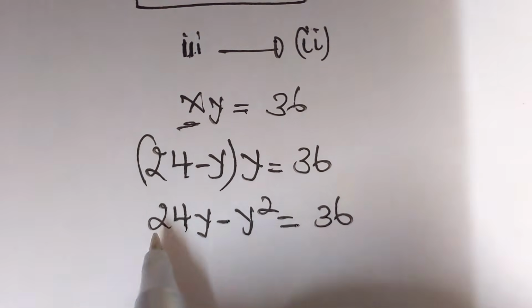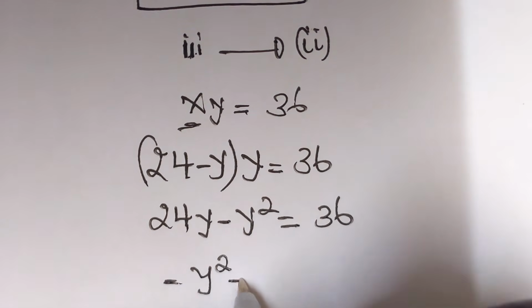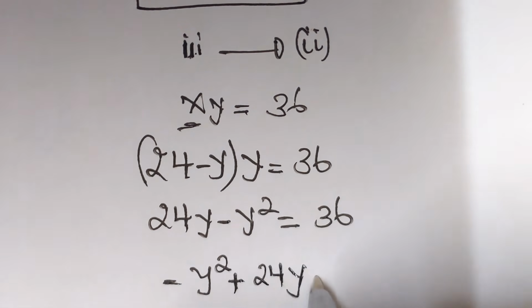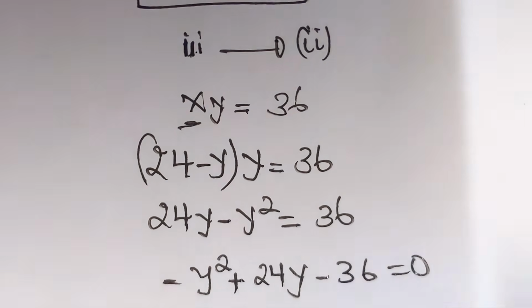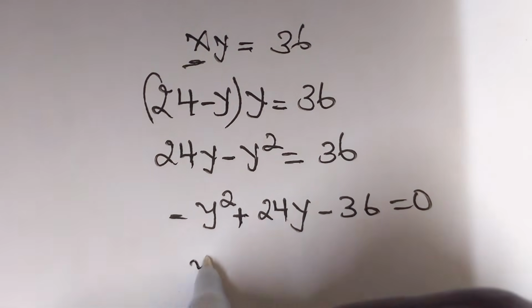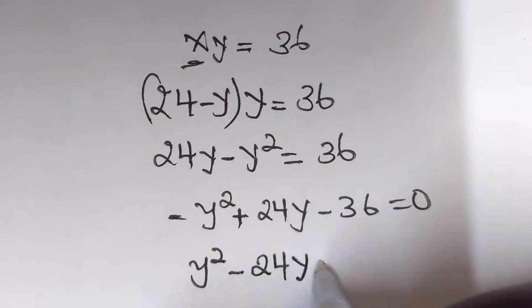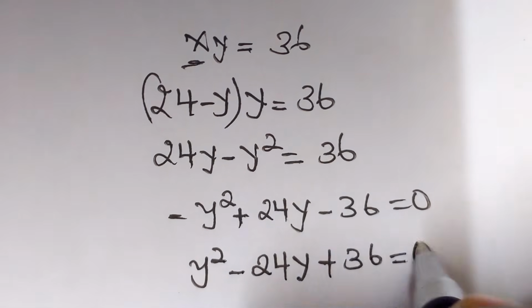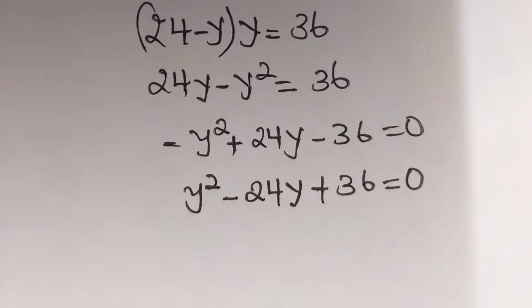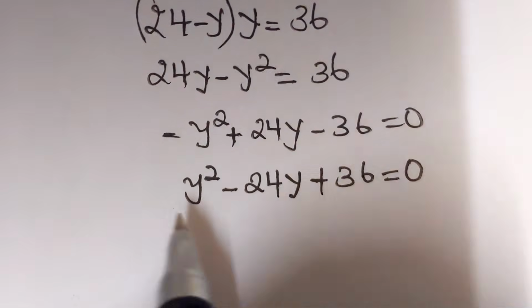By rearranging, we write negative y squared plus 24y minus 36 equals 0. Multiplying by negative on both sides, we write y squared minus 24y plus 36 equals 0. This is a quadratic equation, so we are going to use the quadratic formula to find the value of y.